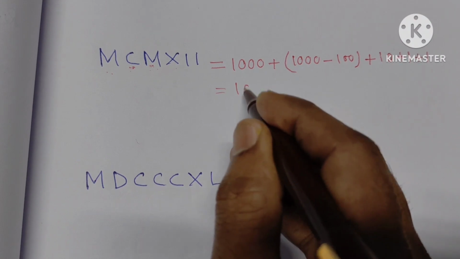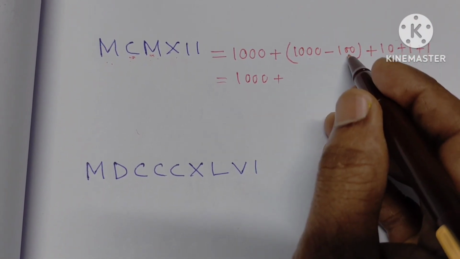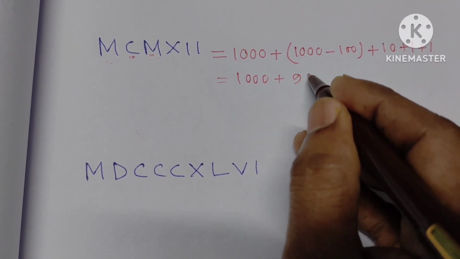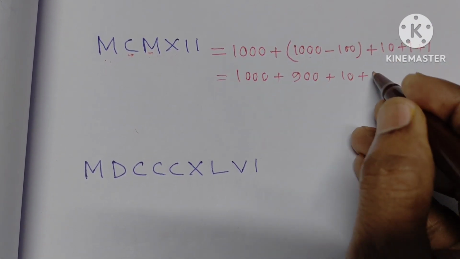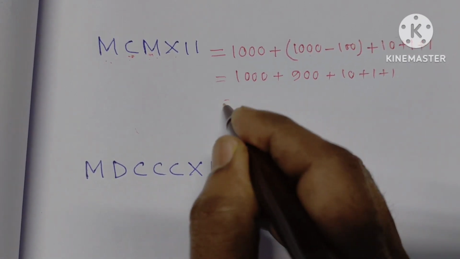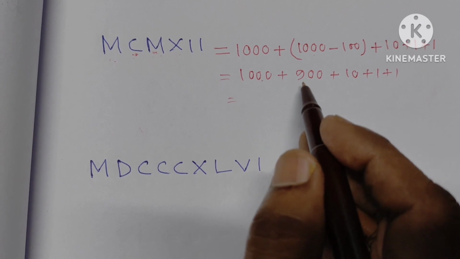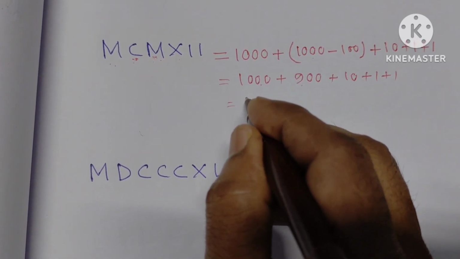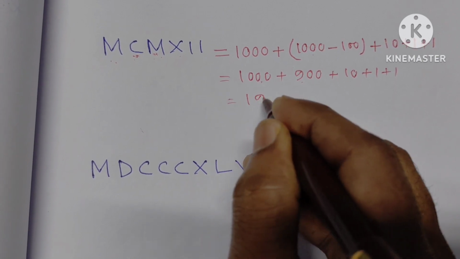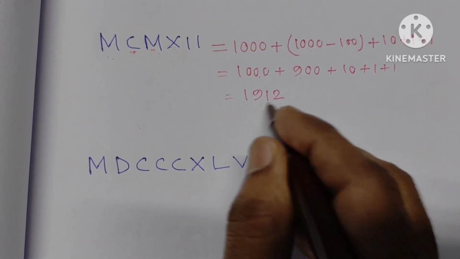Now, 1000 plus 1000 minus 100 means 900, plus 10 plus 1 plus 1. If we add 1000 plus 900, 1900, 10, 11, 12. So that means 1912.